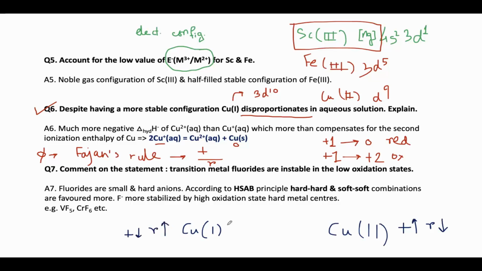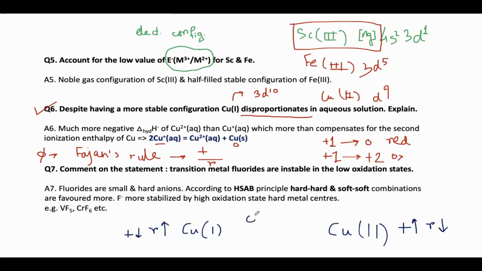So in this case you will see that it's a fraction. In Cu2+, the numerator is increased and the denominator is decreased. That's why the phi value of Cu2+ is higher. But in case of Cu+, the numerator value is lower and the radius is also increased, so the value of this fraction is less.